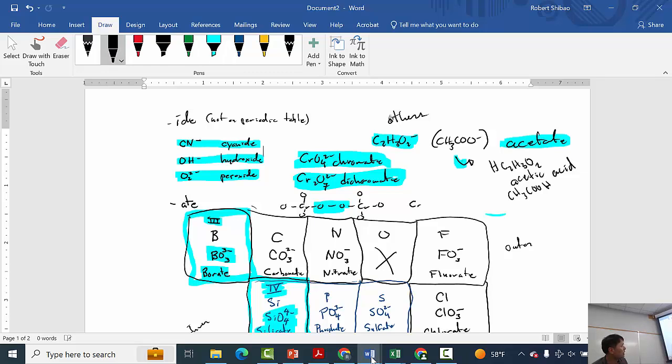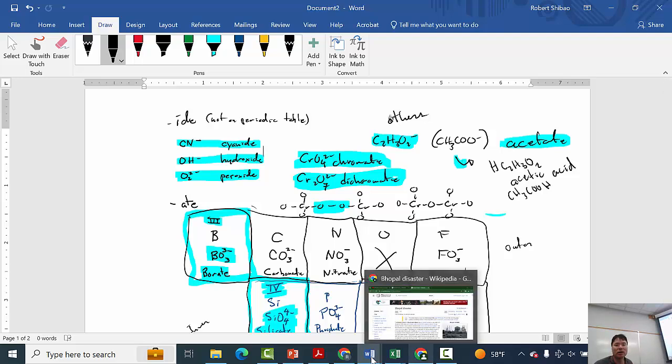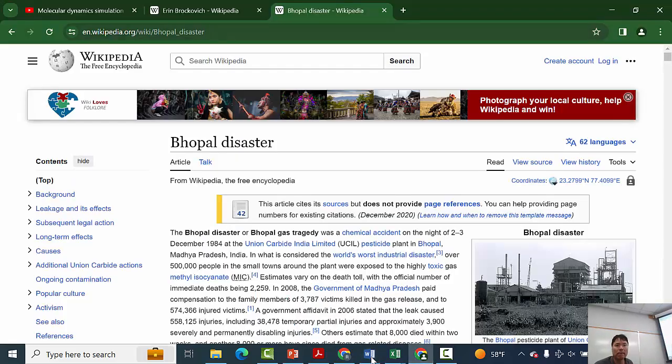And so in dichromate, we link it like this. So we lost one of the oxygens. We total up the oxygens now. We got 1, 2, 3, 4, 5, 6, 7. Do you see that? And so the reason we lose one of the oxygens is to prevent peroxide linkages. Peroxide linkages are inherently unstable.